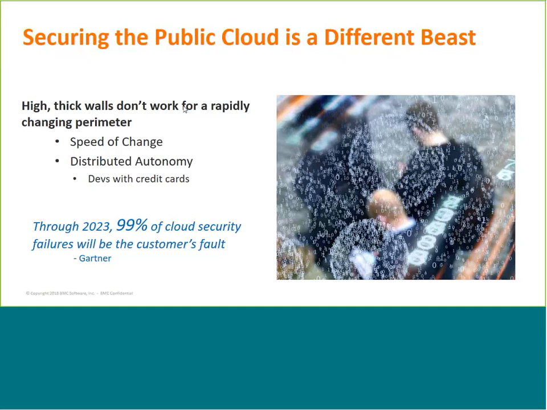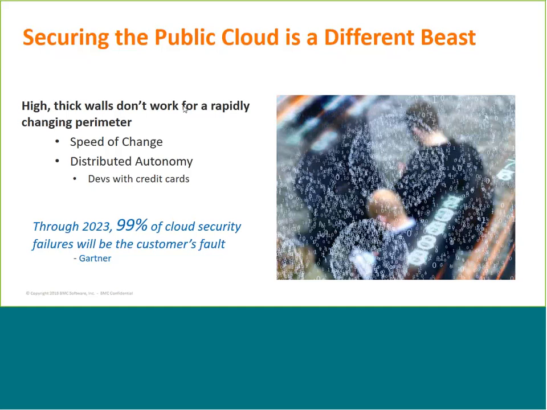One thing I want to point out here is a quote from Gartner. They've recently doubled down on their assessment. They say now that through 2023, 99% of cloud security failures will be the customer's fault. And what they're specifically talking about here is the misconfiguration of cloud services.